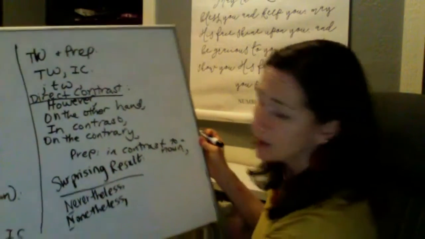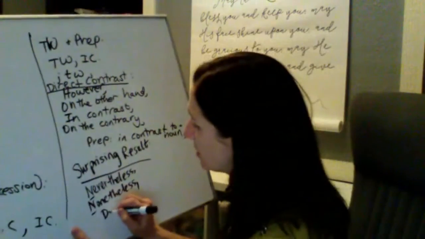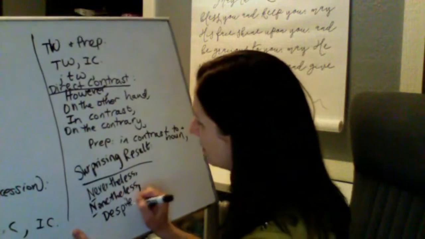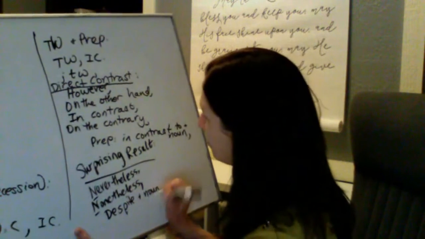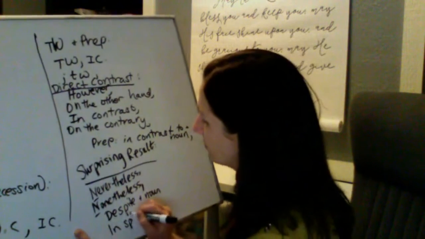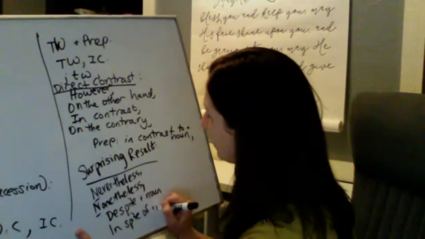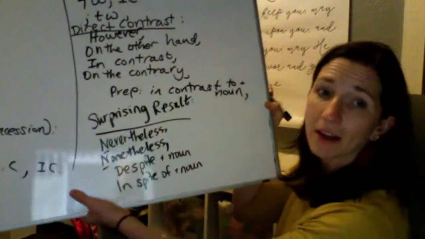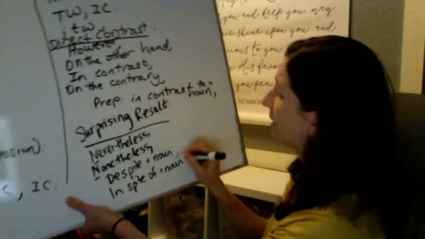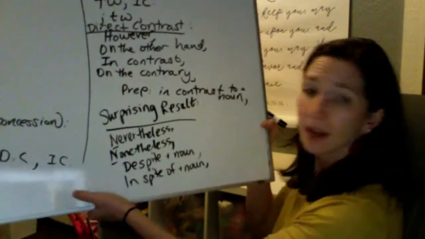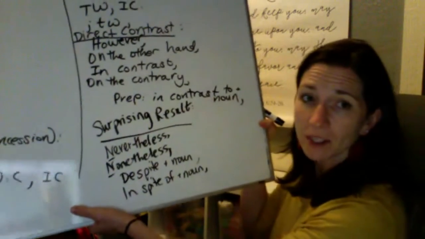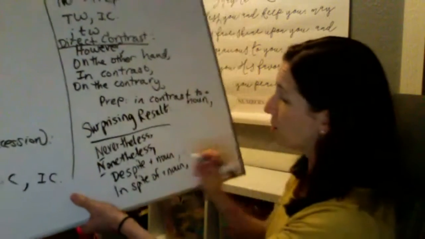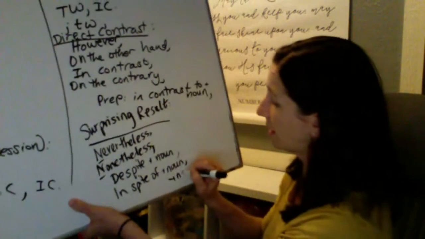And then we had a little bit of talk about despite and in spite of. Both of these are prepositions, so I'm going to put them here in our list. They are followed by a noun, and then the comma comes after. And a lot of times with these prepositions, we have the gerund, or the ing form of the noun.